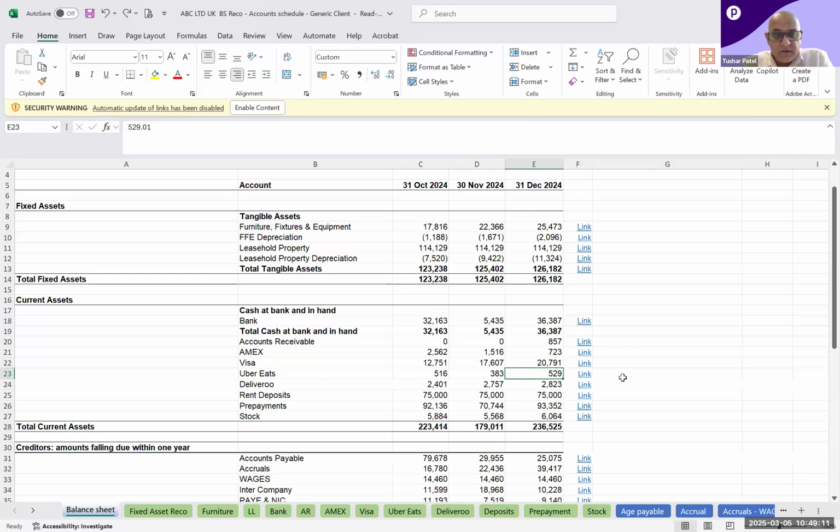We also provide a reconciliation for that, which shows what is outstanding to be received. And all these amounts are amounts to be received from the various vendors.